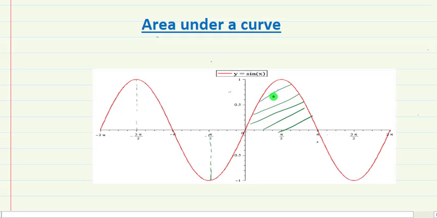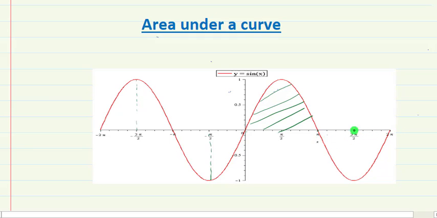This is a very important concept that you should know, whether the area we need to find is, number one, lying above the x-axis, or number two, lying below the x-axis. For example, if we are talking about pi to 2 pi, then this area is lying below the x-axis.